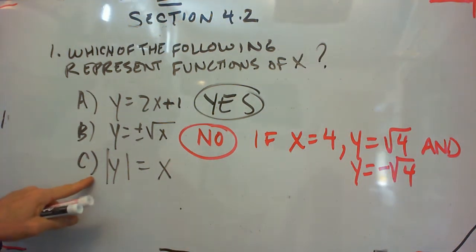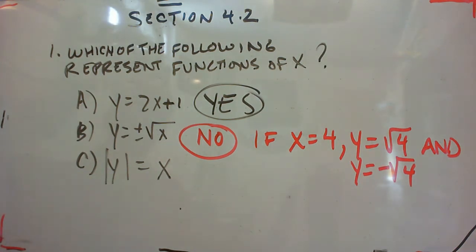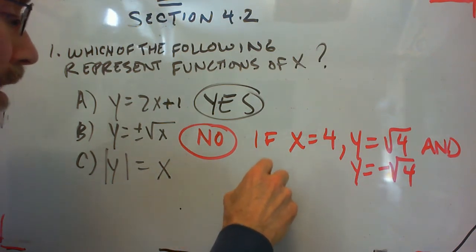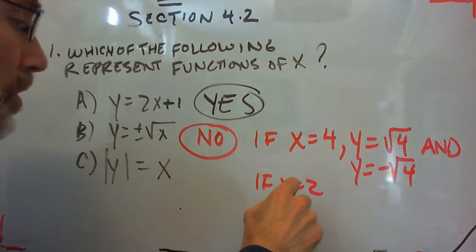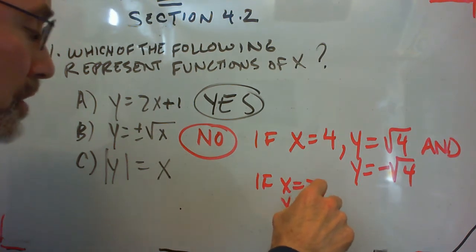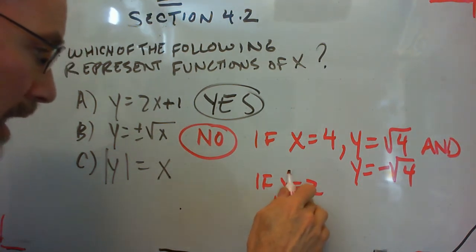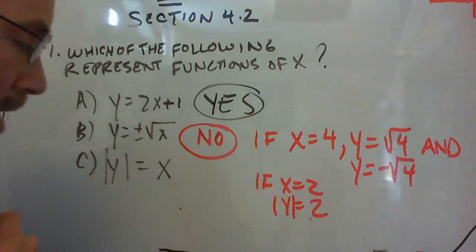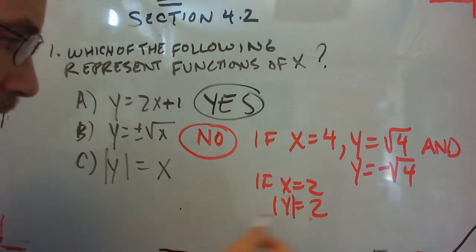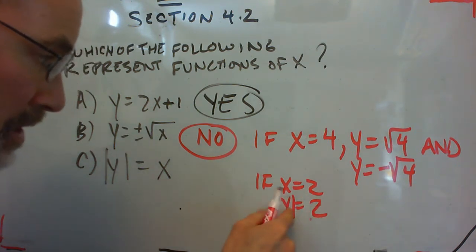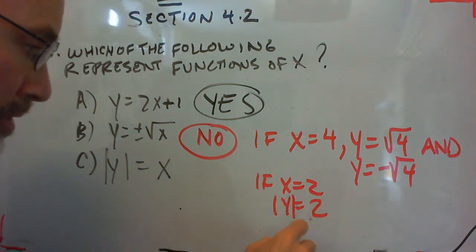Now part C is a little trickier. In part C, if x is 2, the absolute value of y equals 2. Now the absolute value of 2 equals 2, but also the absolute value of negative 2 equals 2.